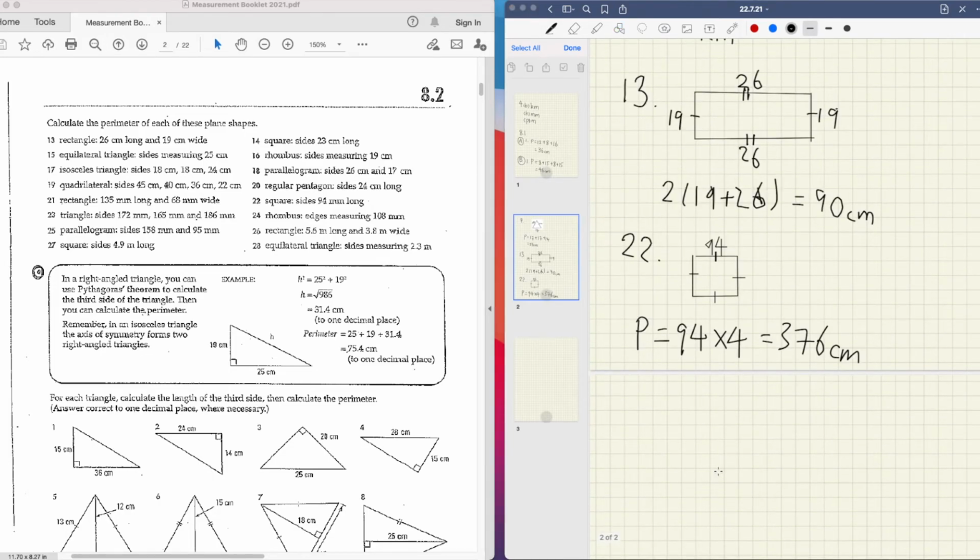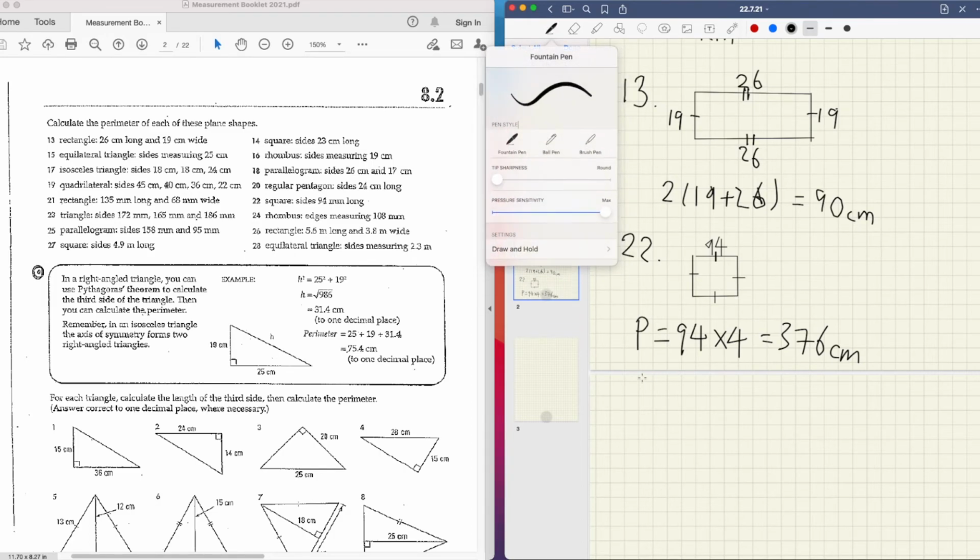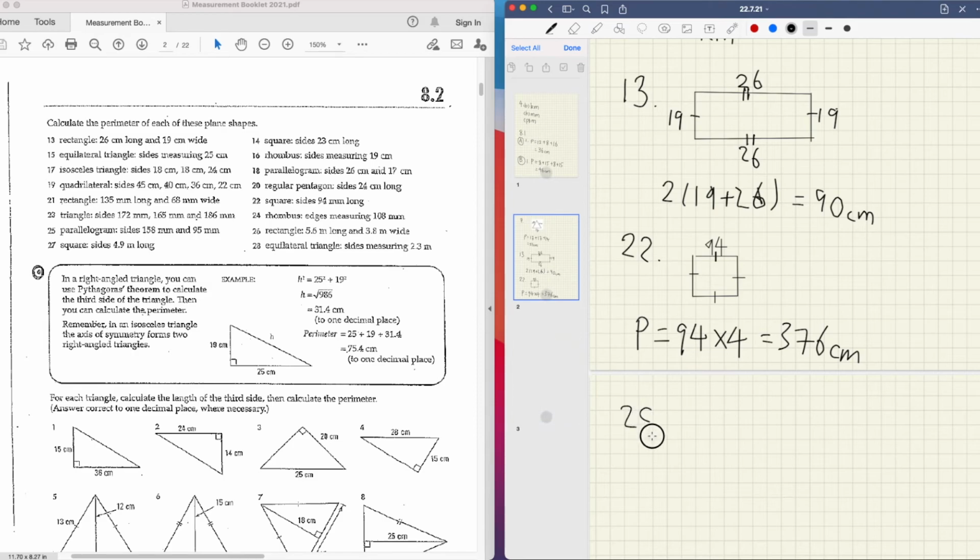Okay, so now I'm just going to go through another example. So let's have a go at question 28, okay? So 28 says equilateral triangle with sides measuring, I think this is 2.3 meters, okay? So equilateral triangle. That means all sides are the same length, okay? And we're going to label them as 2.3.